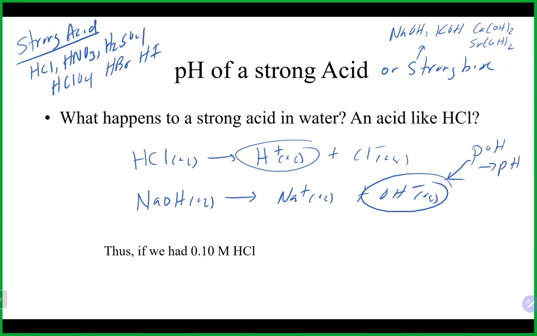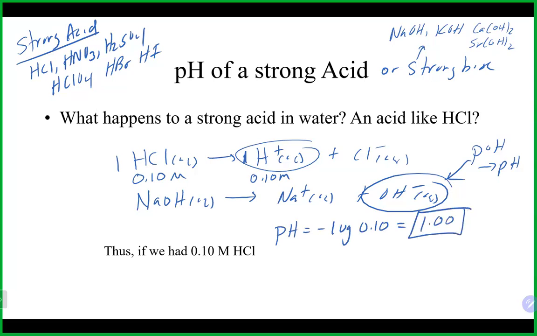So if we had something like 0.1 molar hydrochloric acid, we know that it's going to completely break apart into H plus and Cl minus. It is a 1-to-1 relationship between the whole thing and the H plus, which, as we talked about with concentration, means our H plus concentration is going to be 0.1 molar. That means our pH would be minus the log of 0.1 molar, and that's going to give us a pH of 1, which is acidic.